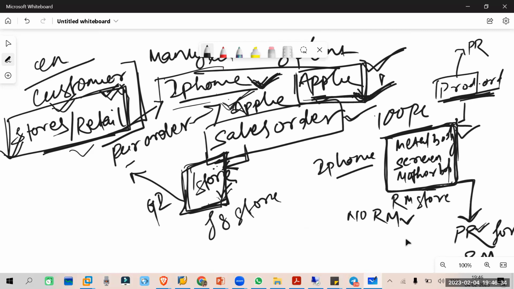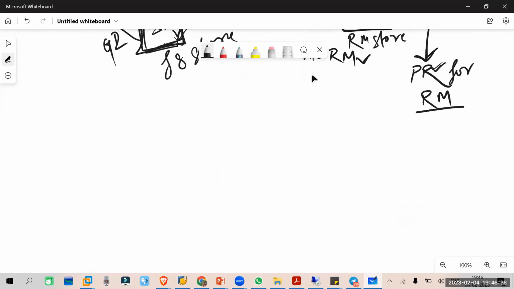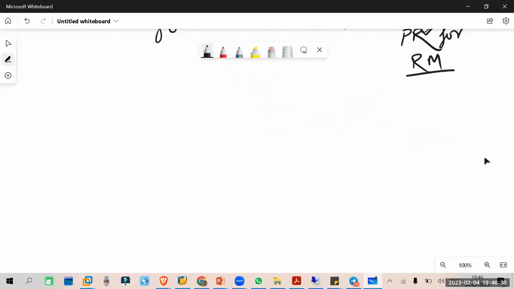Okay, so in the next scenario, let's say you have a trading plant. What do you mean by trading plant? Trading plant means they don't have any manufacturing unit, they don't manufacture anything.